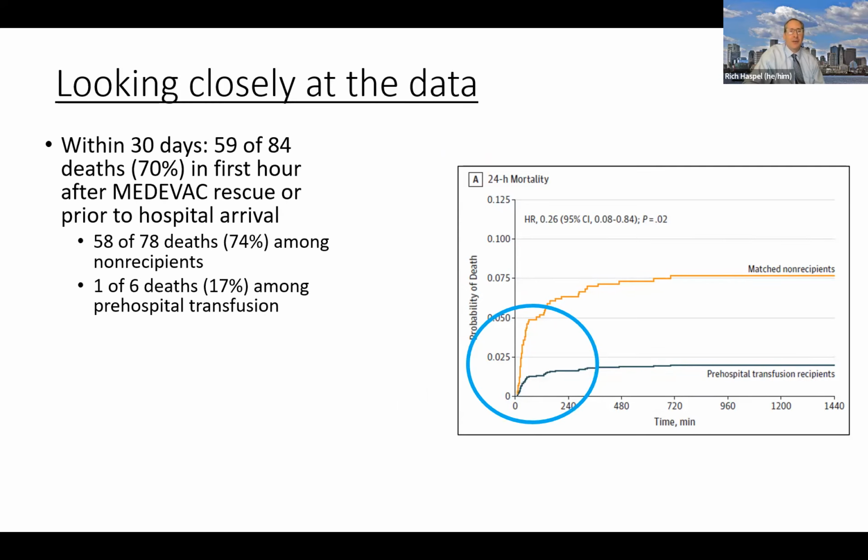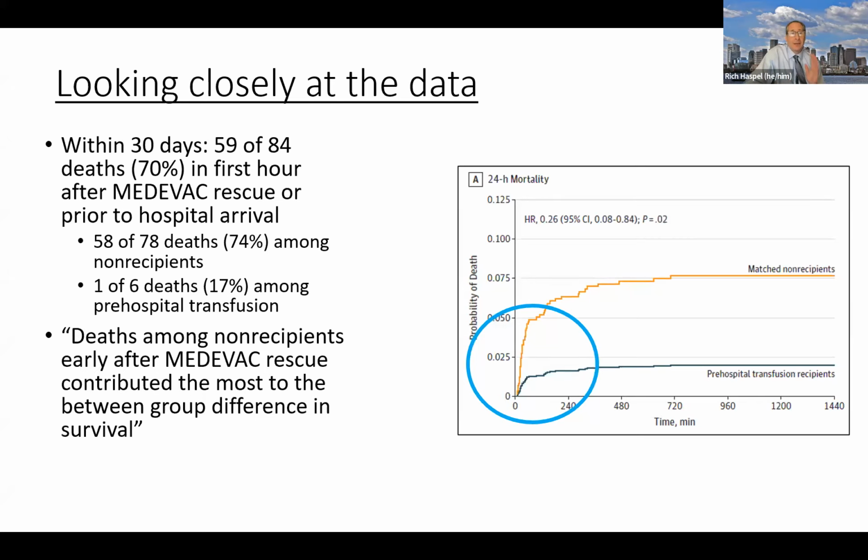Okay. So within 30 days, 70% of the deaths, okay, they looked at 30 days, were in the first hour after rescue. That was in 74% of the non-recipients and 17% among the pre-hospital transfusion. So these patients are dying very, very early on.